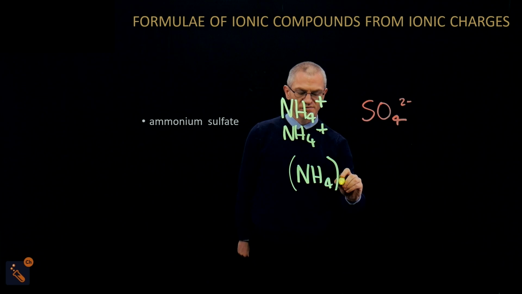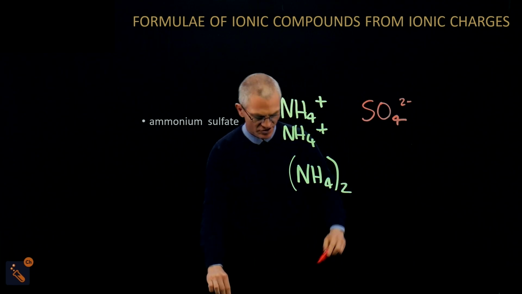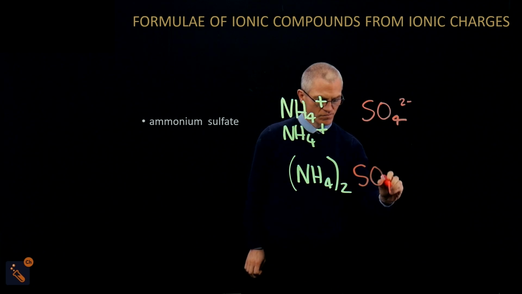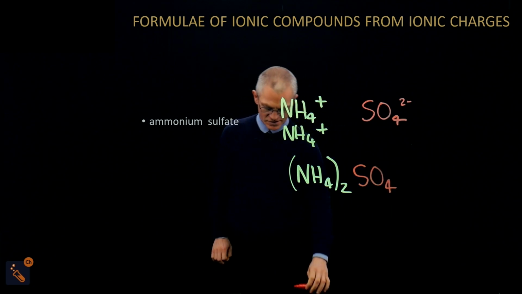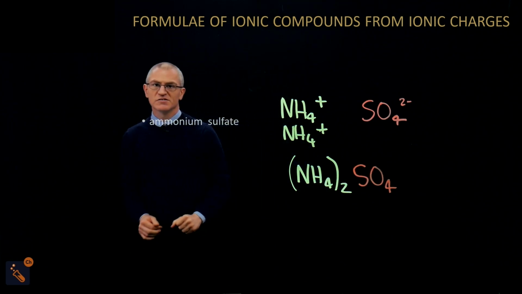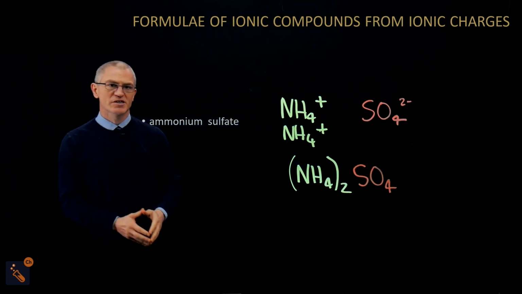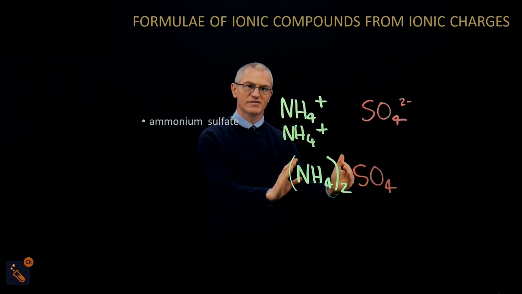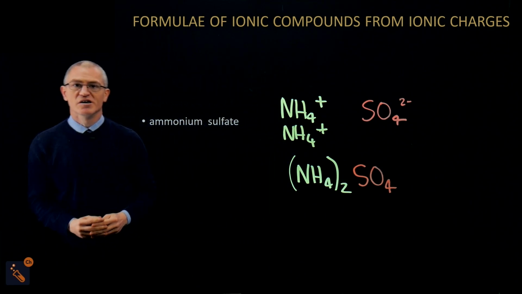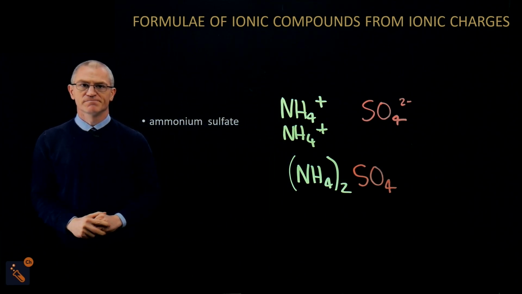There are 2 of them, and then we finish it off by putting in the SO4. So we have ammonium sulfate. It's important when we're using polyatomic ions that you put a bracket around the polyatomic ion, put the number of how many ions you have, and do it by balancing the charges.